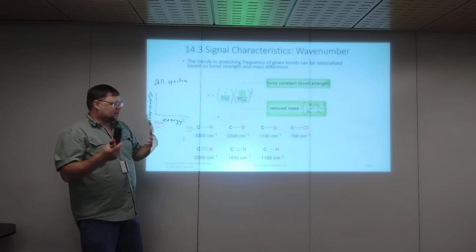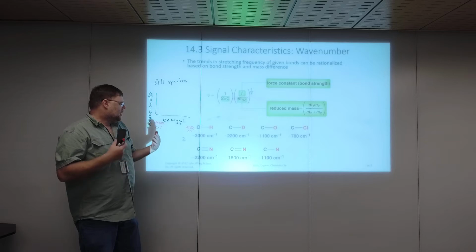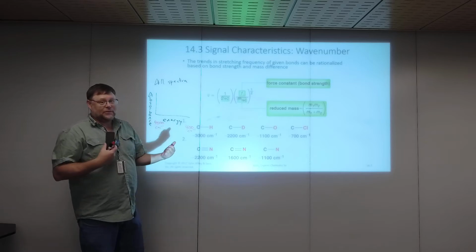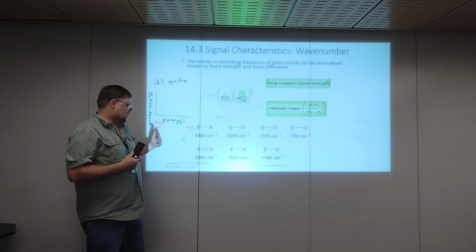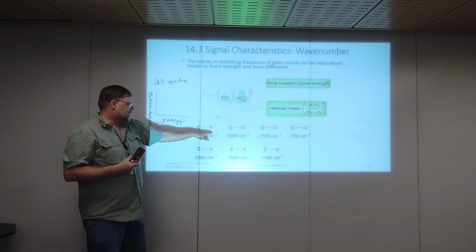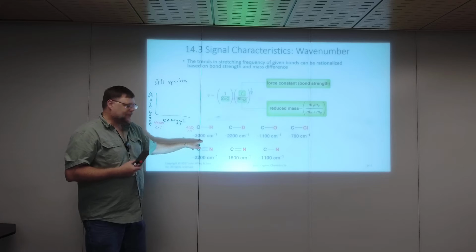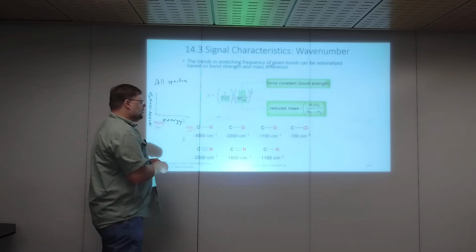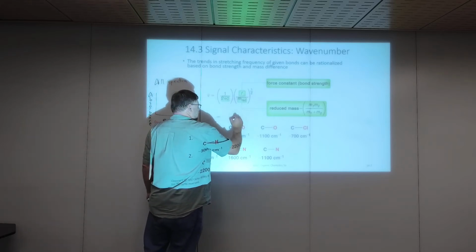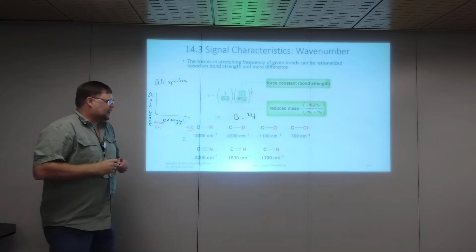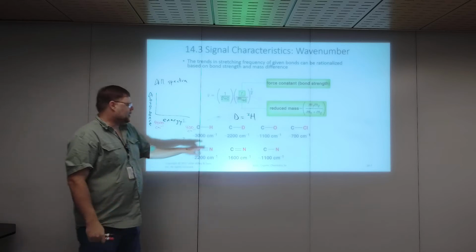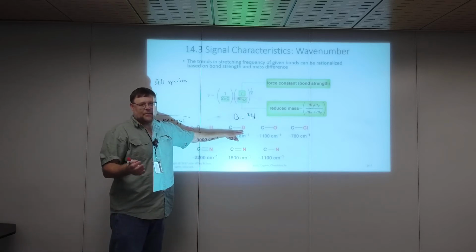And this comes out of the physics as well, that the bigger the mass difference between the 2 atoms, the more energy is needed to make them stretch. So a CH bond comes at 3,000 wave numbers, and this is an atomic symbol you might not be aware of. Deuterium is the heavy isotope of hydrogen. D is just a hydrogen atom that's got a neutron in the nucleus.